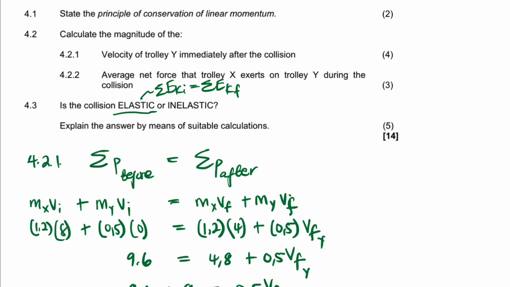The kinetic energy of trolley X and trolley Y before collision should be equal to the total kinetic energy after. So when we talk about inelastic, it means that the total kinetic energy before is not equal to the total kinetic energy after, right? Let's prove that by calculation.